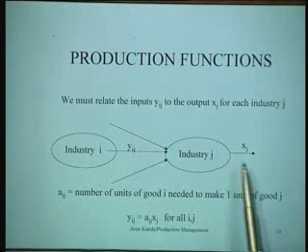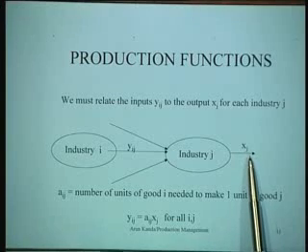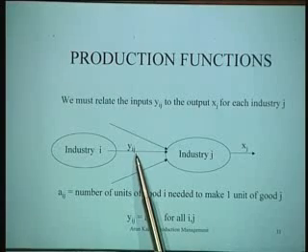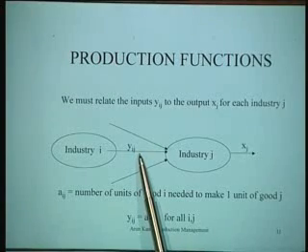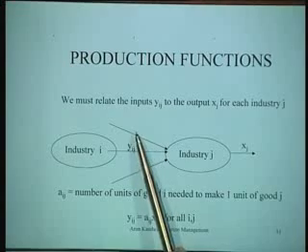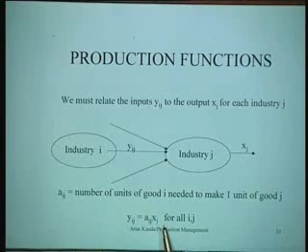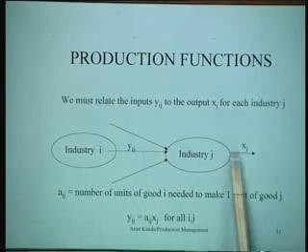If I make a 2 kg cake, what would you need? You would require 2 into 750, that is 1.5 kg of maida, and 2 pinches of baking powder and various other things. So it's exactly in that same spirit that we are relating the inputs to the outputs here.